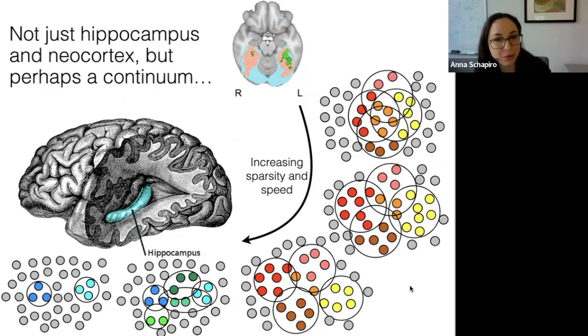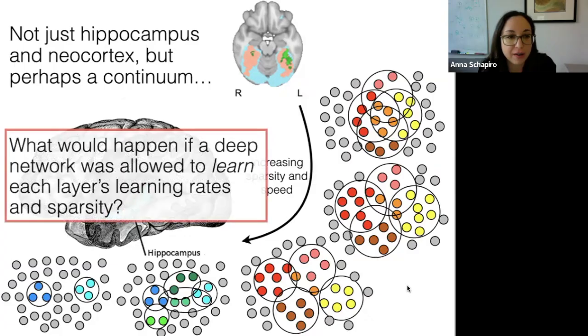why might you organize the system in this way? And one way of asking that question, like why should it be organized this way, is to ask, well, what would happen if we took a deep neural network and allowed it to optimize for these properties?